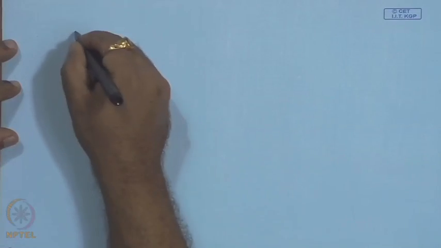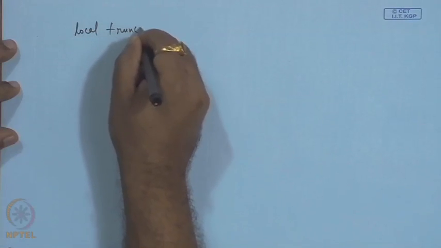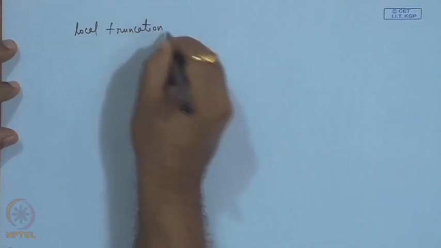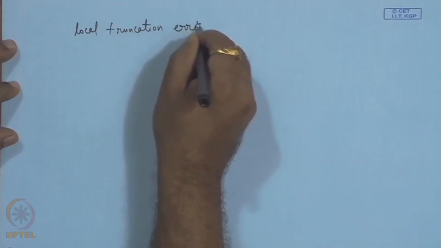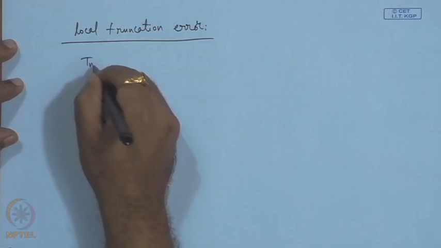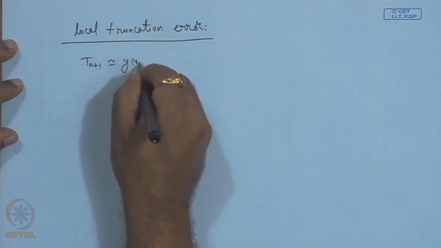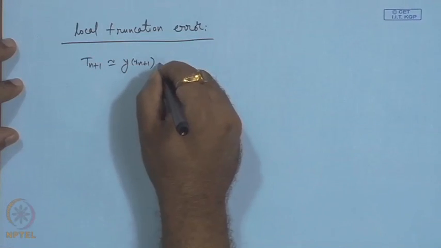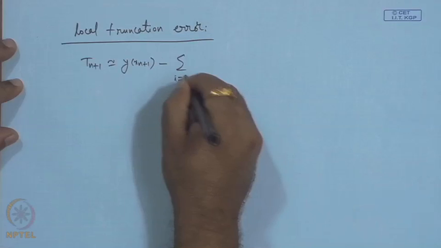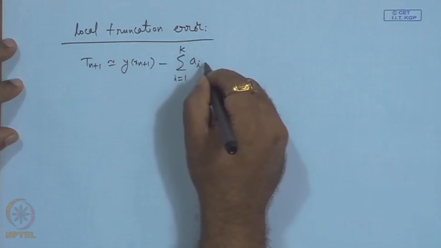Okay. So, that is local truncation error. So, we define T n plus 1 as y of x n plus 1 minus the general multi-step method. We have given a standard notation.